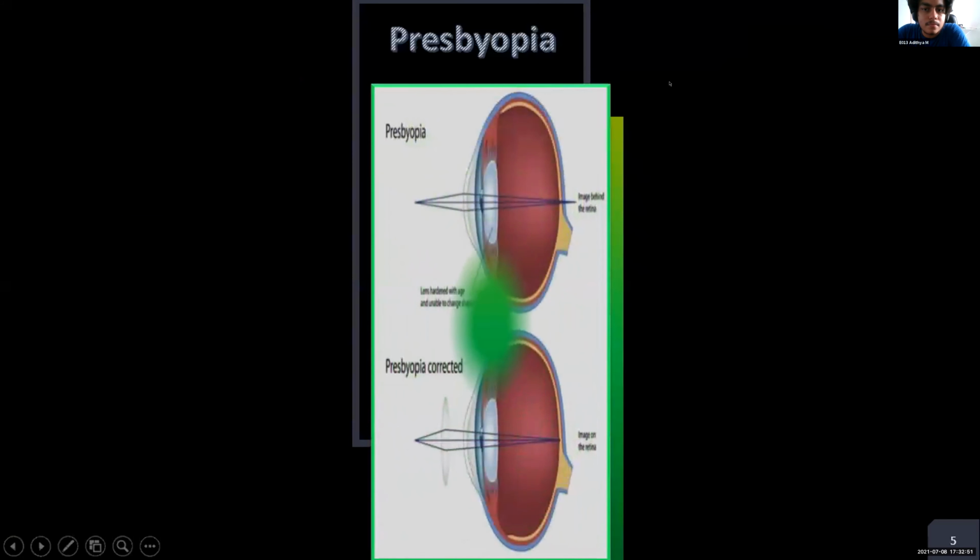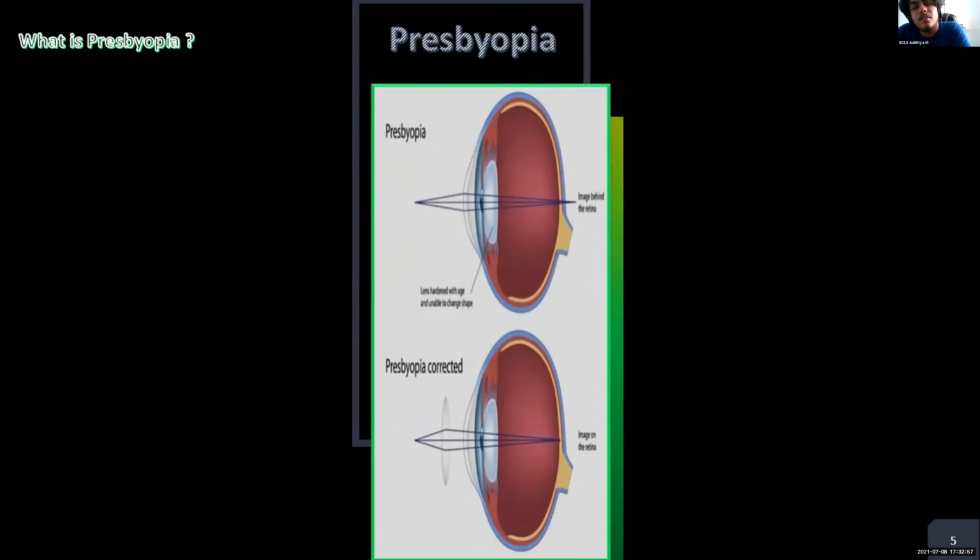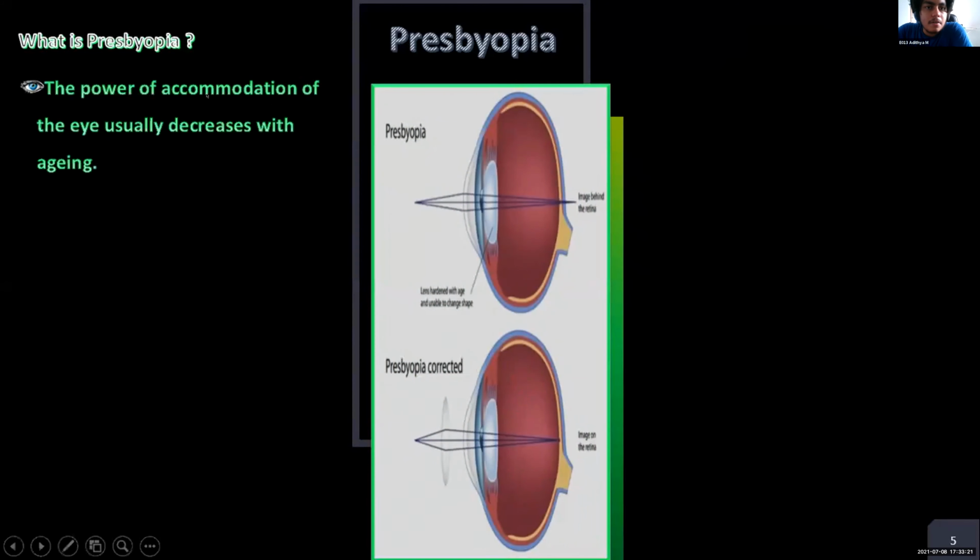Now we look at the last defect, which is presbyopia. So, in simple words, what is presbyopia? Okay, the power of accommodation of the eye usually decreases with aging.